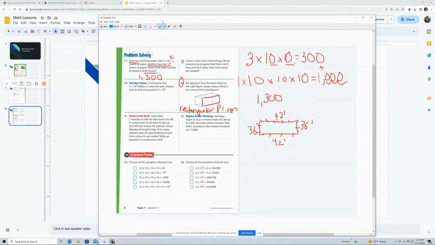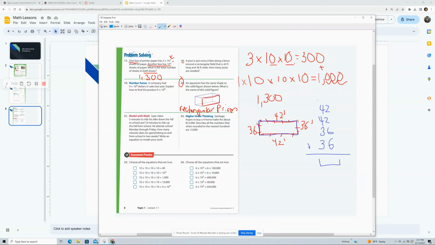What you need to do now is you need to establish the perimeter. What is the perimeter? We're not looking for the area. The perimeter is along the edge. So to do this, you're going to add your numbers together, and that is going to give you your perimeter. Once you have your perimeter, there's still one more step.